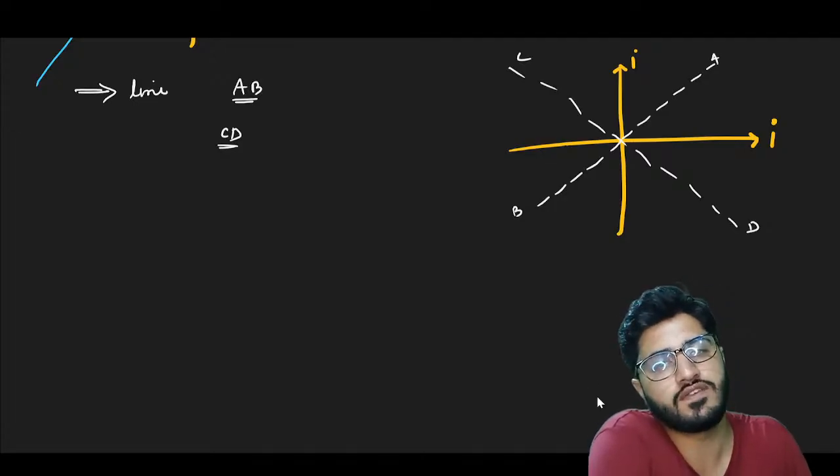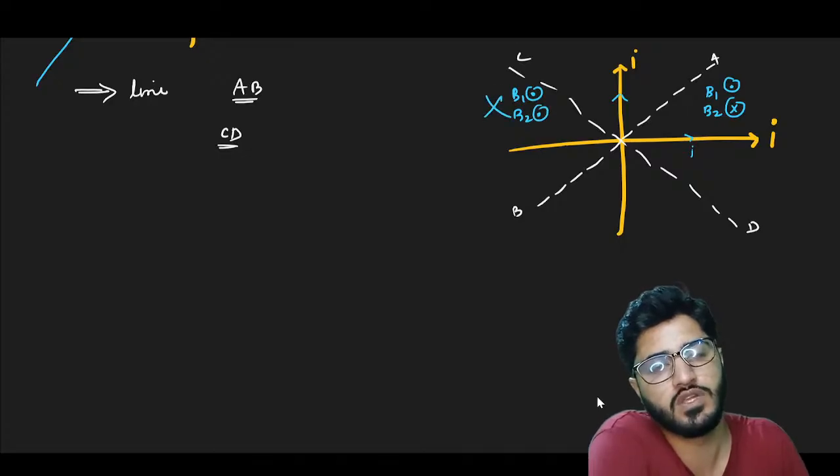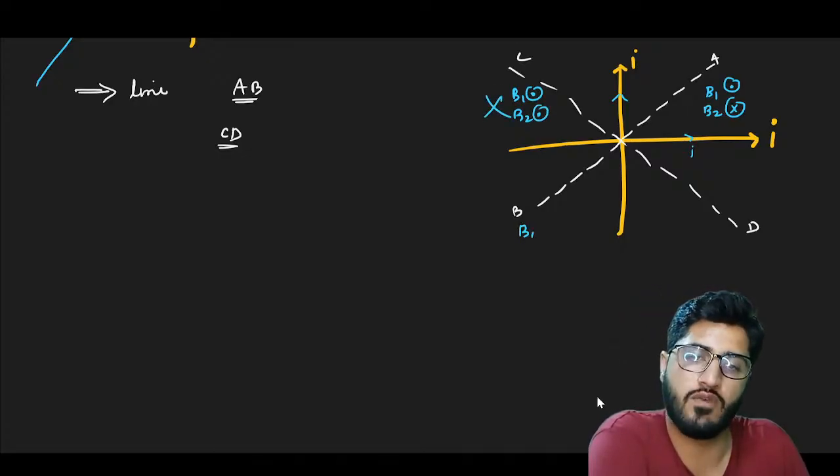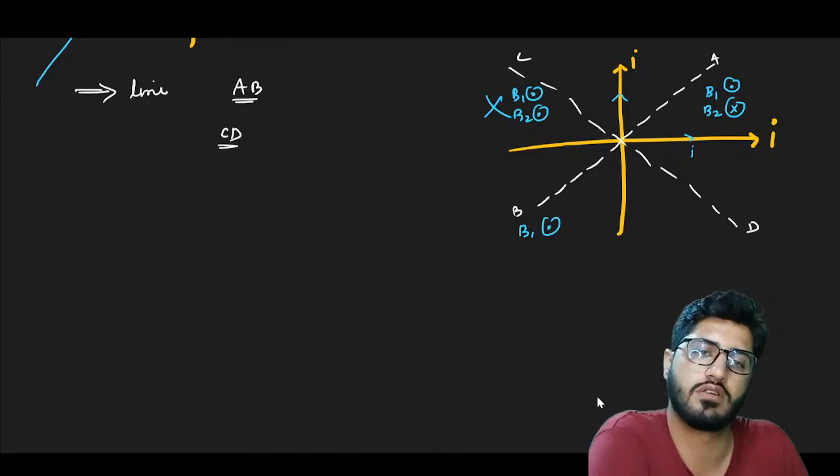Simple. If current I is going in this way, so B1 is outwards, B2 is inwards. Here, in this way, B1 would be outwards, B2 would be outwards. Not possible. Here, B1 is outwards, B2 is inwards. Possible.